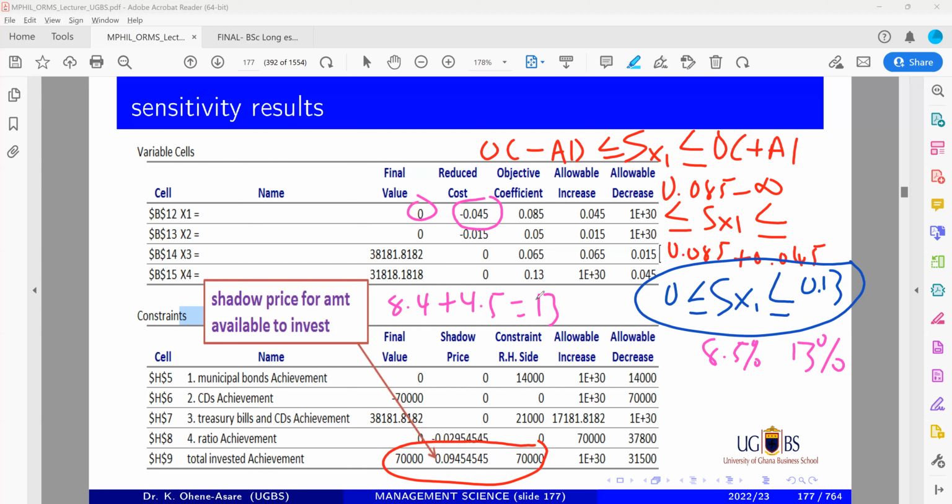Oh, sorry, it was 8.5%, not 4. So the interest rate is not enough. That's the key. The interest rate is not enough to motivate Ama to want to invest in municipal bonds. The interest rate ain't good. And because it ain't good, Ama Benyuado needs to be motivated, gingered up, to want to invest in that instrument. Currently, it's not feasible.